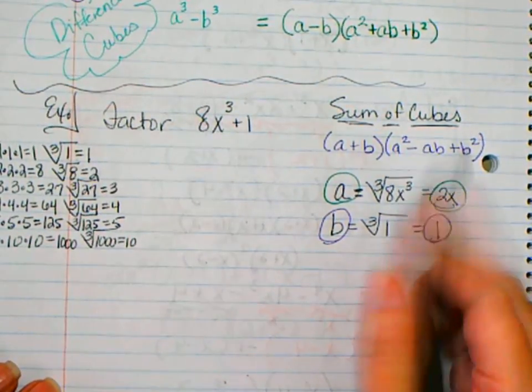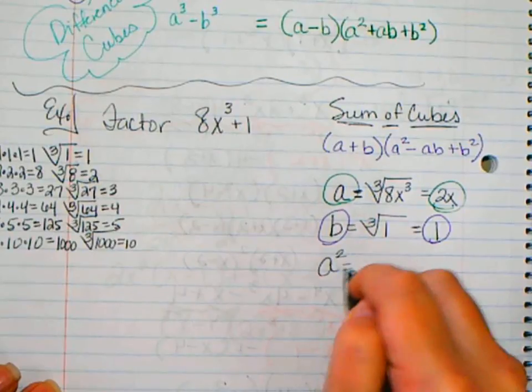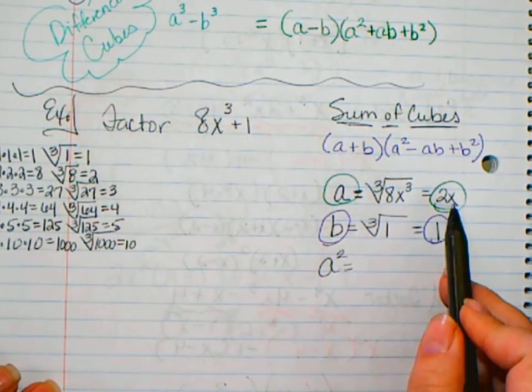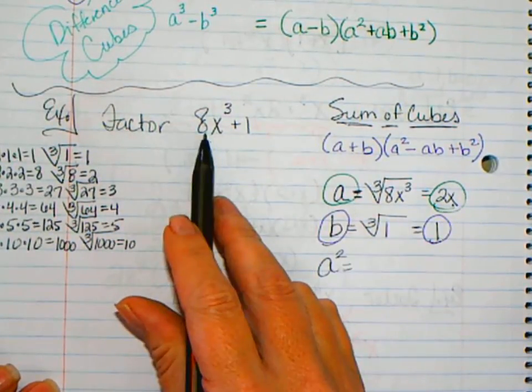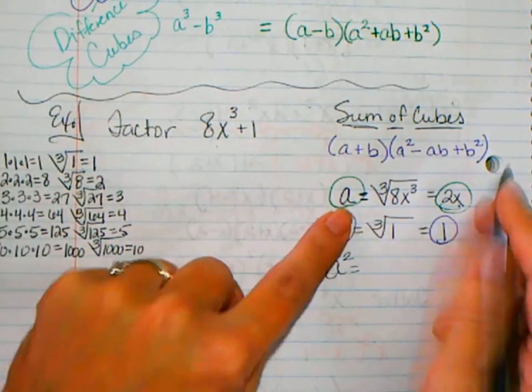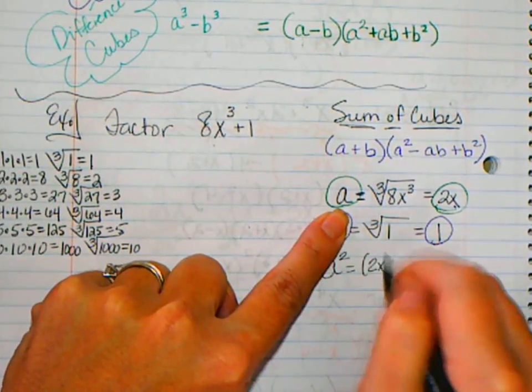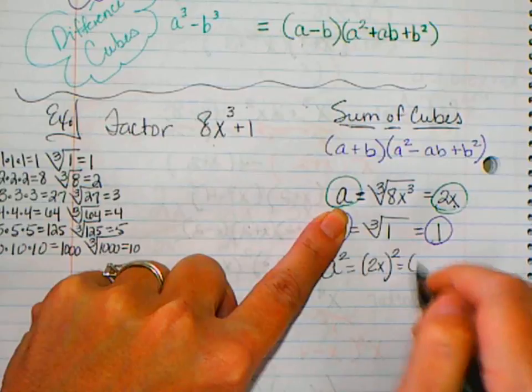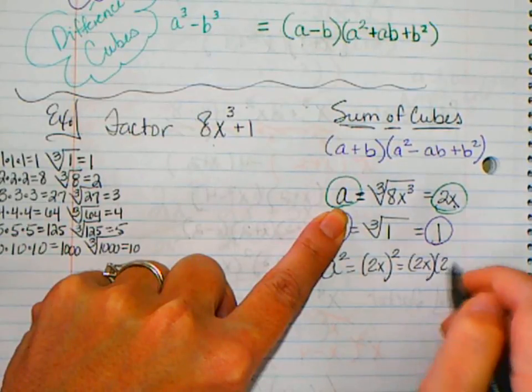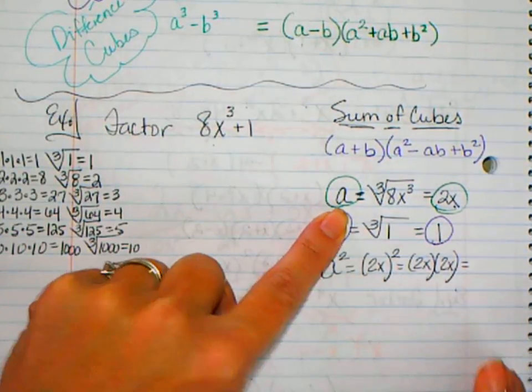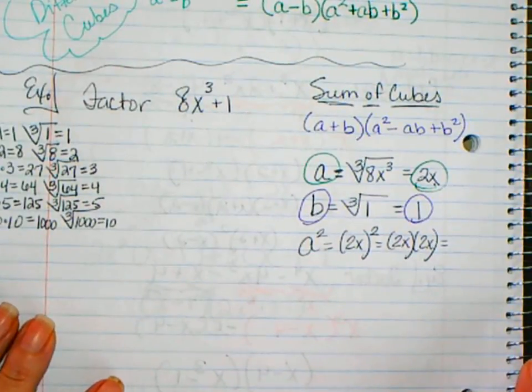We're going to need A squared. So look to see what you found for A, not the first term, that's A cubed, okay? See what you found for A is 2x. If I square that, doesn't that mean 2x times 2x? Which is what? 4x squared.